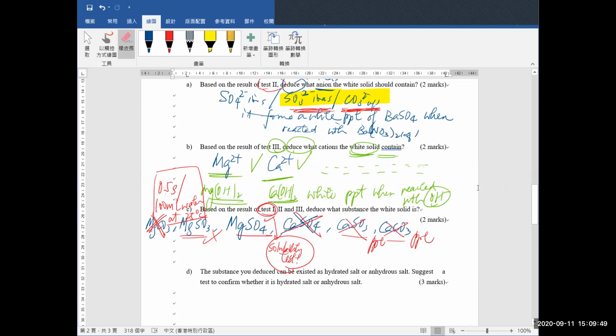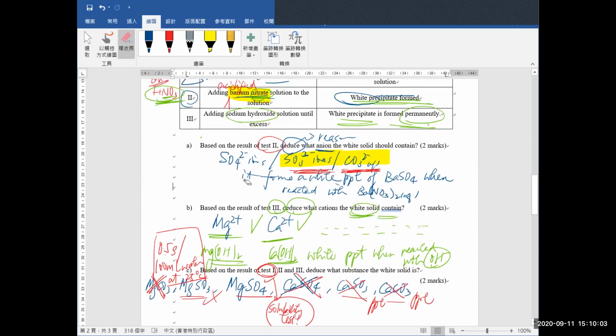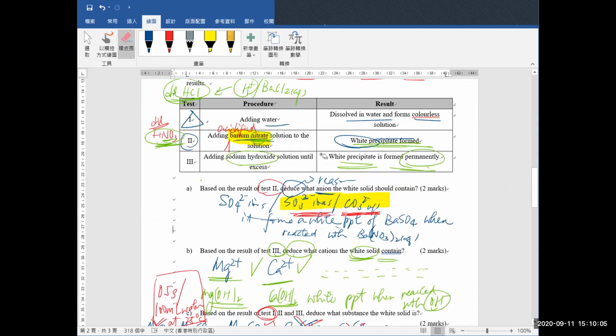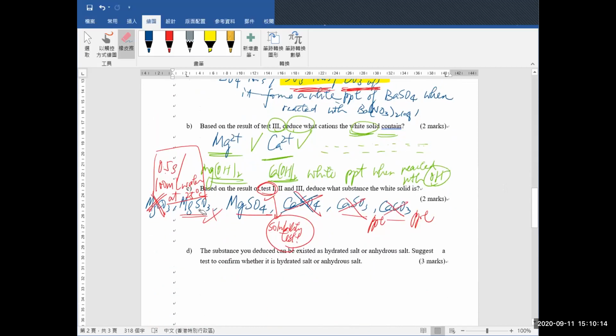If you really know the amount of the chemicals added in the testing agent, you can also rule out magnesium sulfide, but sorry, no, because nothing is told about the relative amount of the chemicals to be used. So I cannot say magnesium sulfide is not possible.